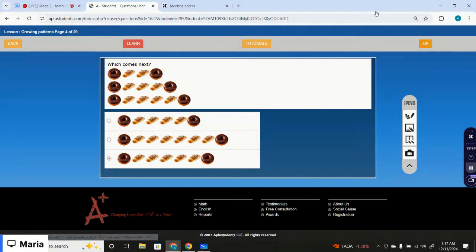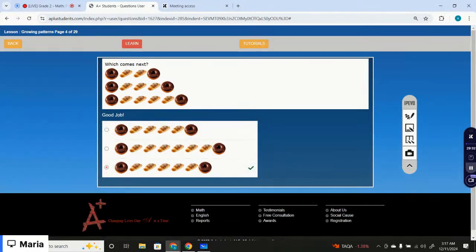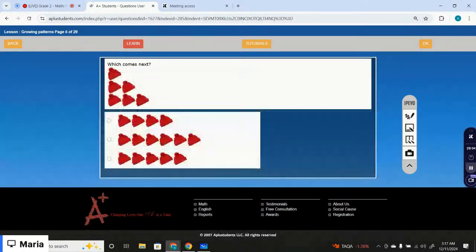The pizza is increasing, whatever it is, it is increasing by 1. So option number 3 is the correct option. Which comes next? Which is the correct option?